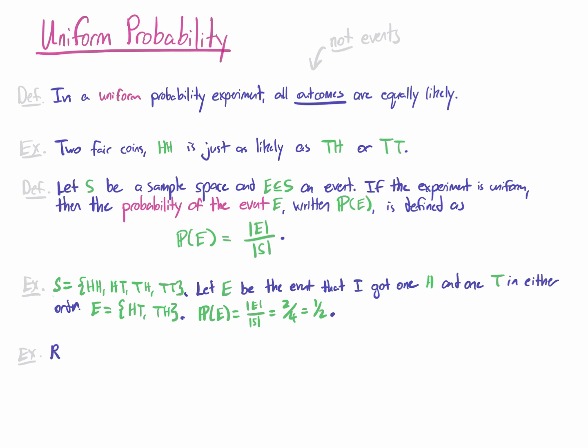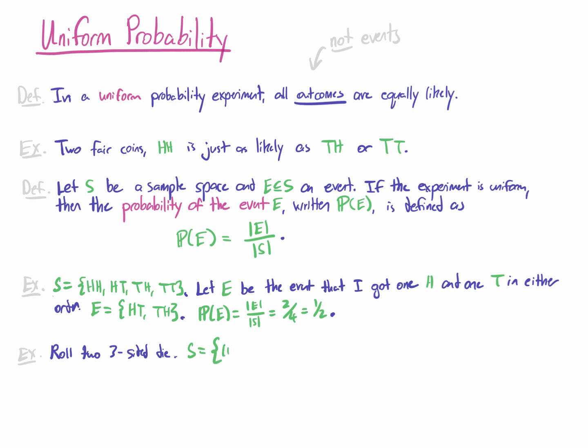Here's another experiment with uniform probability. Let's roll two three-sided dice. So I'm generating a random number, 1, 2, or 3, and I'm doing that twice. Because I'm generating two numbers, my sample space is going to be a set of pairs.